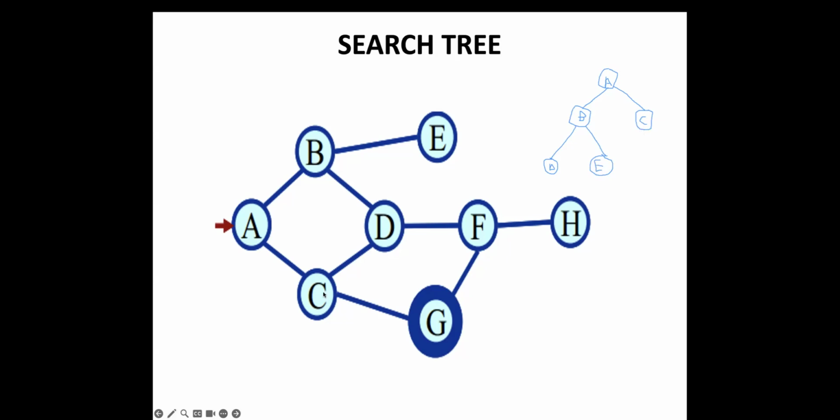Then we keep expanding. We look at the children of C. The children of C will be D and G. So these are some of the children that we have. We'll keep expanding. As we are expanding in this way, we form what we call a search tree.